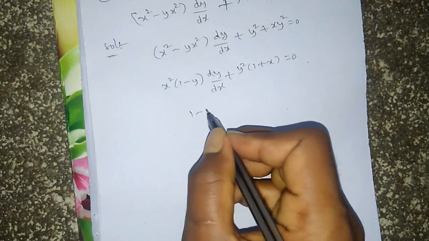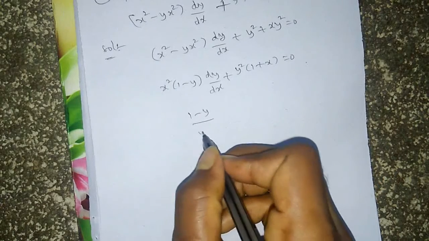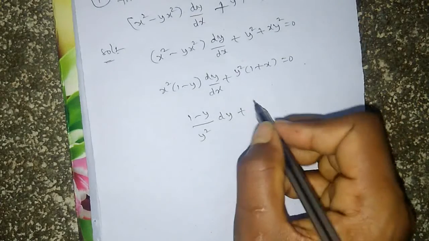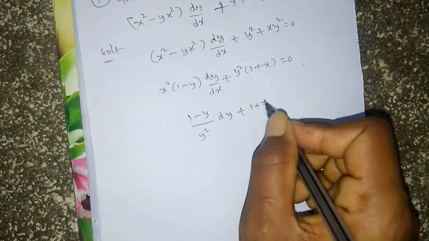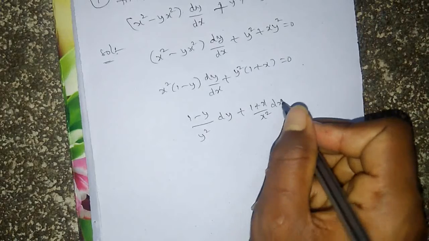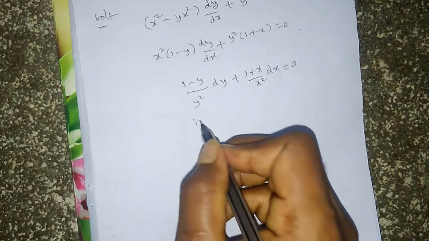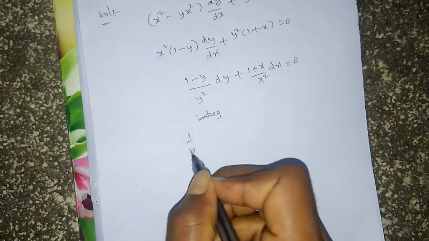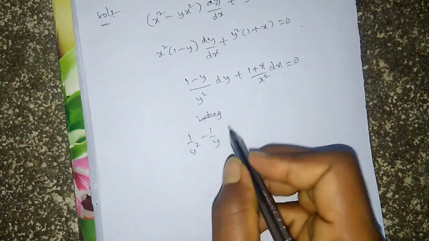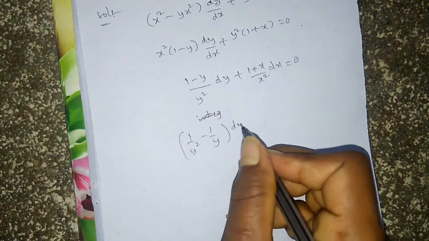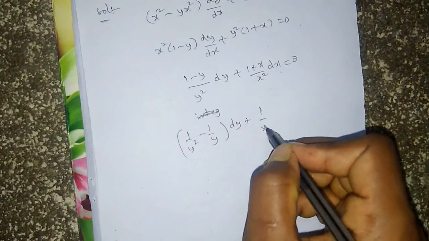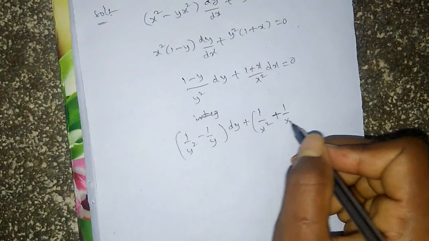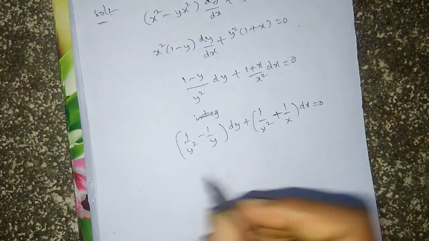Now the variables are separable. 1 minus y by y square dy plus 1 plus x by x square dx is equal to 0. Integrating, first this is 1 by y square minus 1 by y dy, and this is 1 by x square plus x by x square, which is 1 by x, dx is equal to 0.